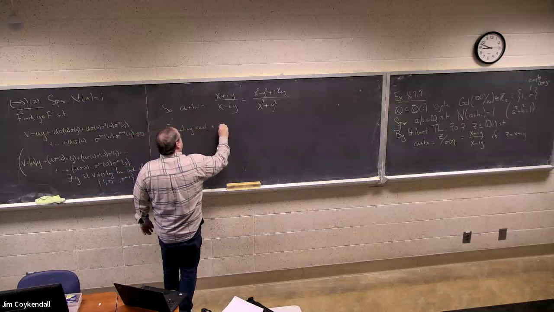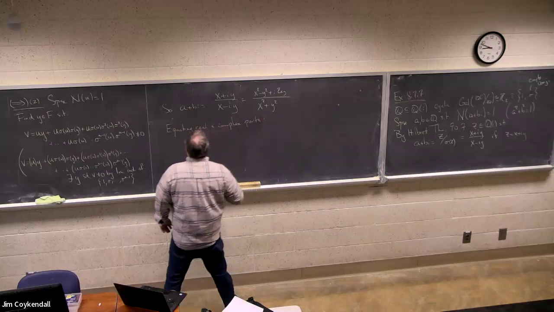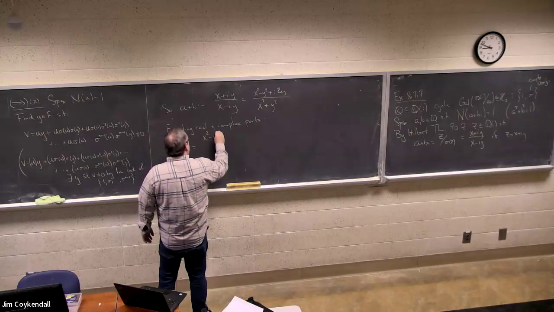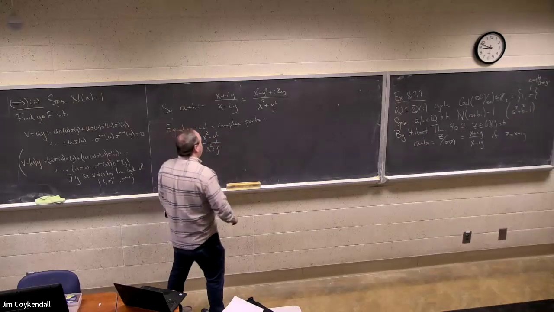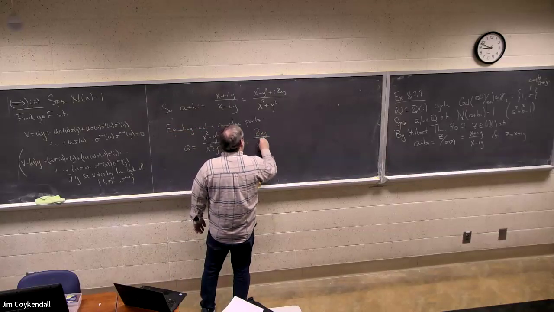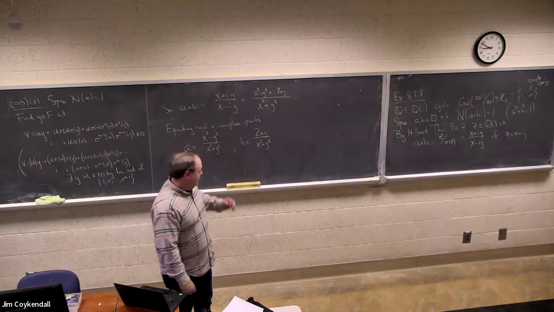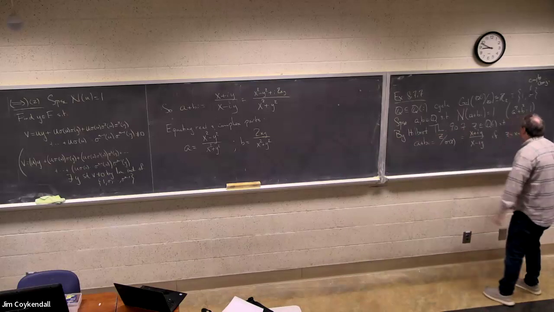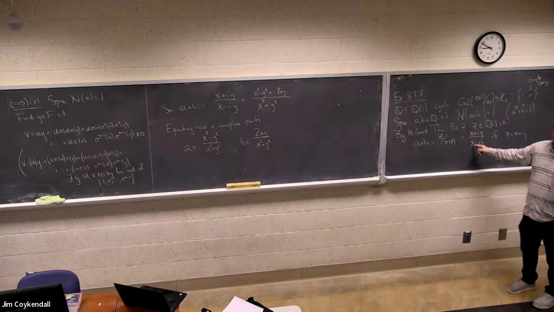So equating real and complex parts, what you get is a is equal to (x squared minus y squared) over (x squared plus y squared), and b is equal to 2xy over x squared plus y squared, right? And actually, you can take x and y to be integers, because if they're fractions, you can just rationalize them both the same way.